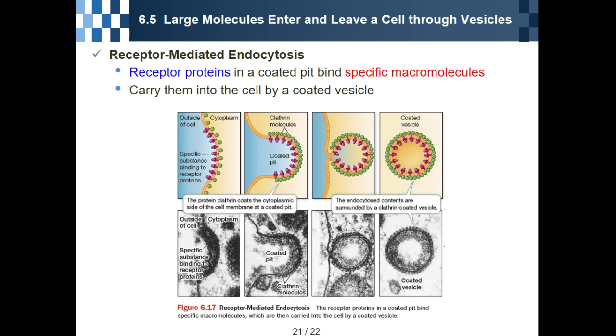The large molecule, but a specific molecule, can bind to the receptor. So they will make vesicles like this. This is called receptor-mediated endocytosis. The important thing is they bind to specific macromolecules.